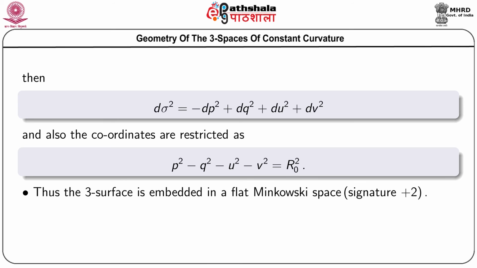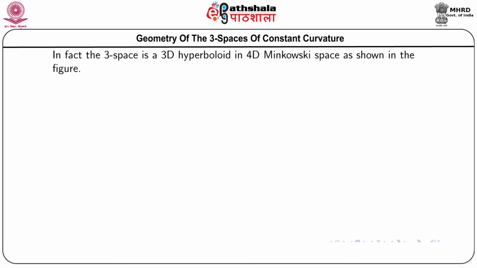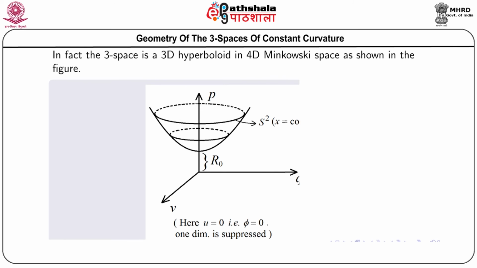From the line element we can see that it is a flat Minkowski space, and in fact, the 3-space is a 3D hyperboloid in 4-dimensional Minkowski space as shown in the figure. So, it is a hyperboloid in 4-dimensional Minkowski space. So, the structure of the space will be like this.